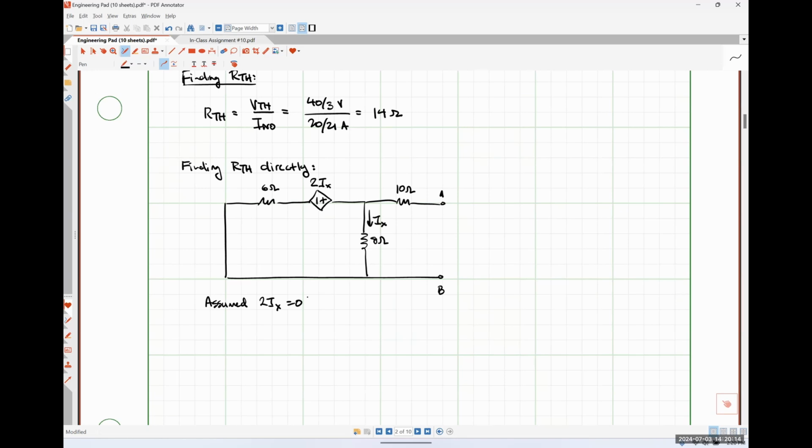By the way, there's really no reason we can assume this, but it's a very common mistake that I've seen students make: just turn off the dependent source as well and hope for the best. If we assumed that was the case, then RTH might be 10 ohms plus 8 ohms in parallel with 6 ohms, which would come out to be 10 plus 8 times 6 over 14, which is 48 over 14.